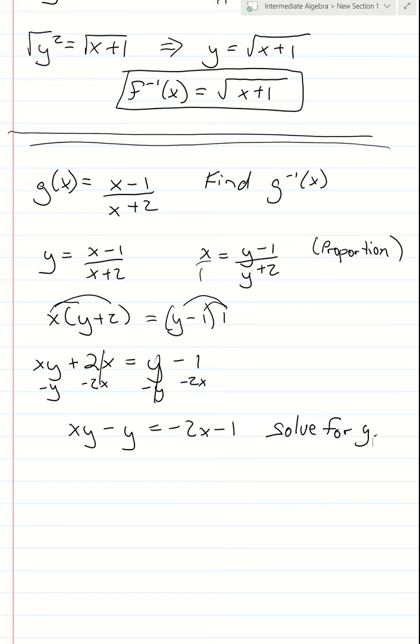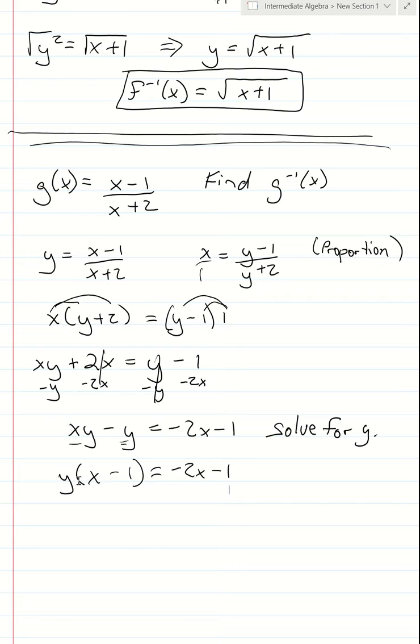And so I'm going to have to factor out the common factor of y out of these two terms. And if I factor out a y from the first term, we're left with just x. And if I factor out a y from the second term, we would be left with a minus 1. So now on the left side, I have y times x minus 1 equals the negative 2x minus 1.